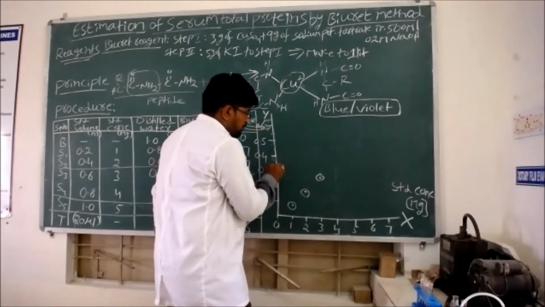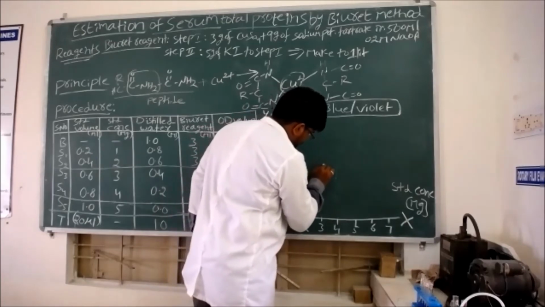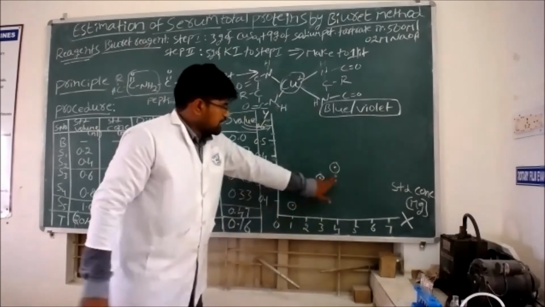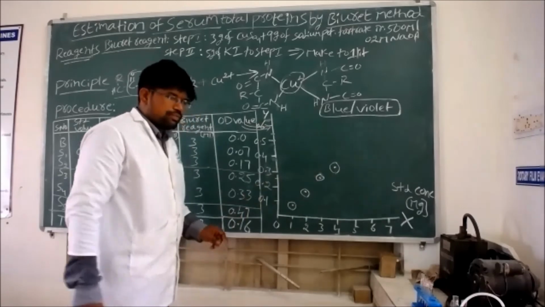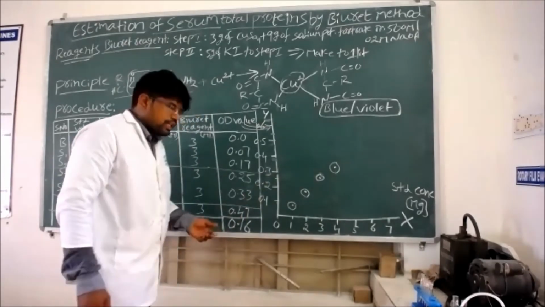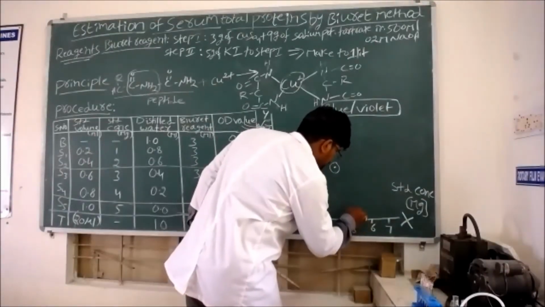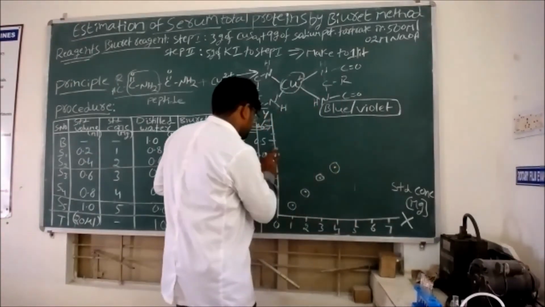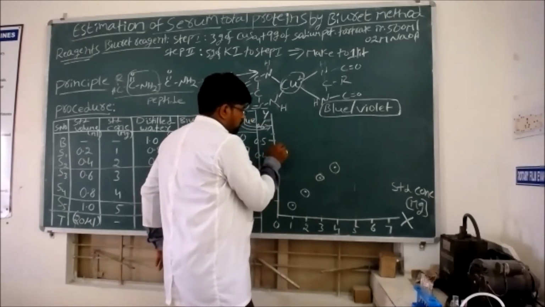So 0.33 means around here we start. That is S4. Then S5: the concentration of S5 is 5 mg and the optical density value is 0.47. Somewhere around here we will get 0.47.